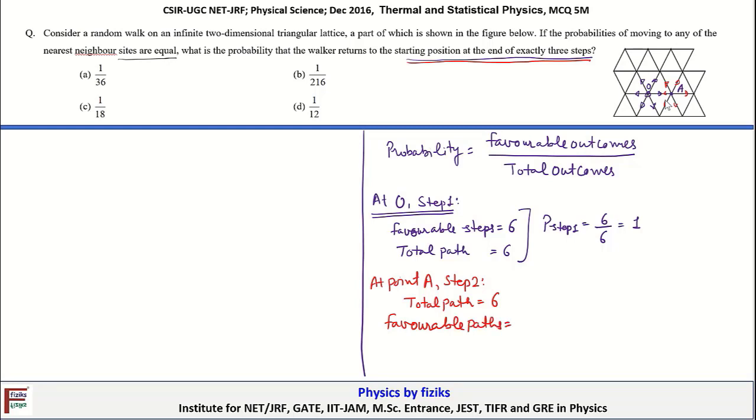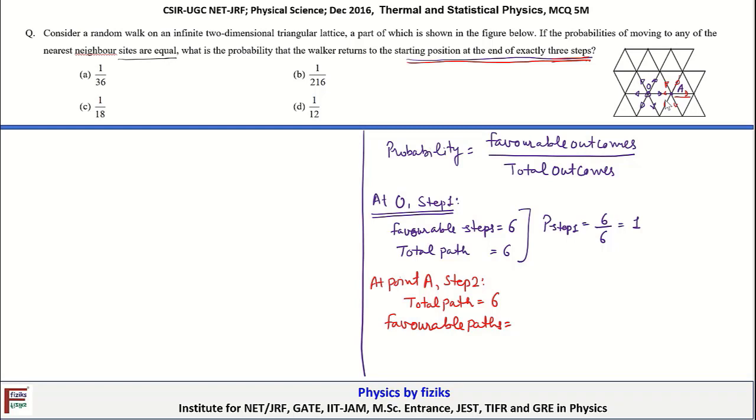So at point A, if the random walker moves in this direction, then the random walker will never be able to move to the point O after just taking one more step, because we have to only allow 3 steps to the random walker. Whereas if the random walker moves along this line, again he will not be able to come to the starting point in exact 3 steps.